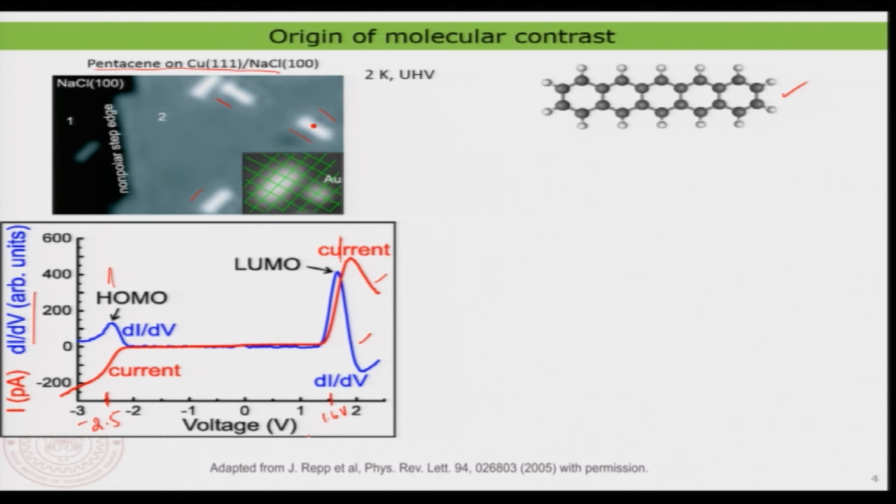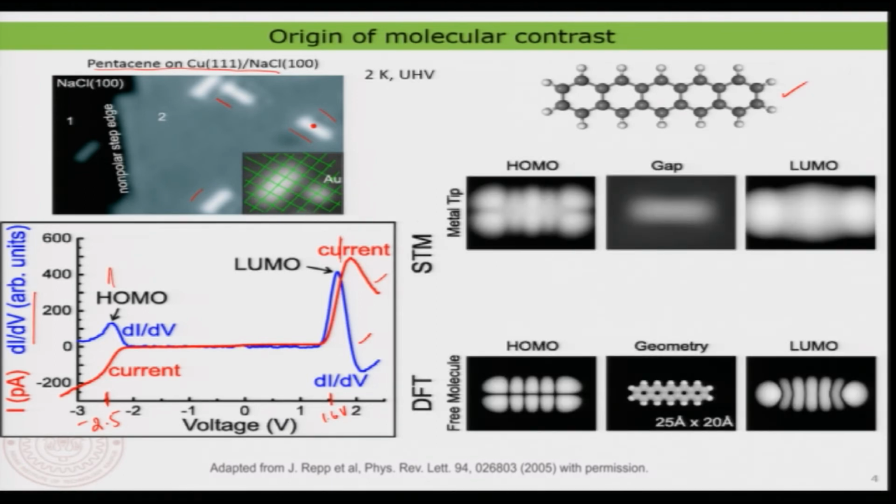So, I can image the molecule at these voltages, negative 2.5 and positive 1.6 volt. What happens there? That is the interesting question, and something spectacular happens: the contrast of the molecule looks quite different at negative and at positive voltage.